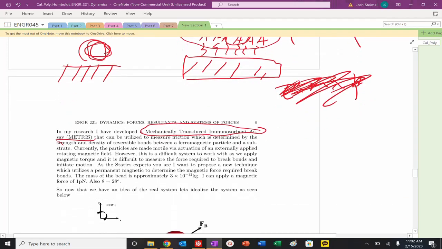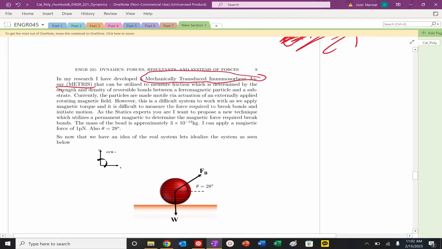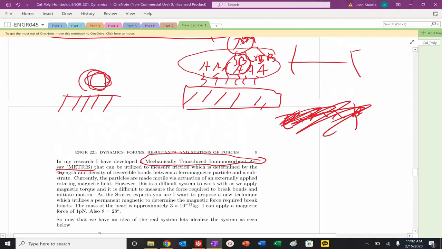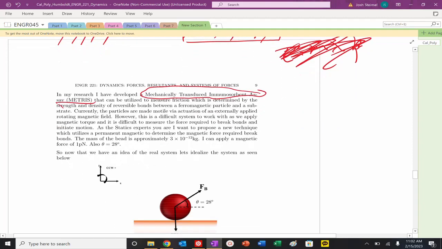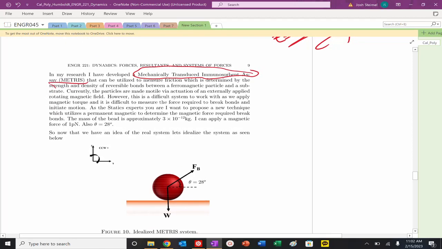So now we're starting to cook with gasoline. So let's idealize our system. Instead of looking at the real thing, I can kind of simplify this just like we said with a coefficient of friction. So let's go ahead and say, I have a magnetic bead, and these beads are relatively small.